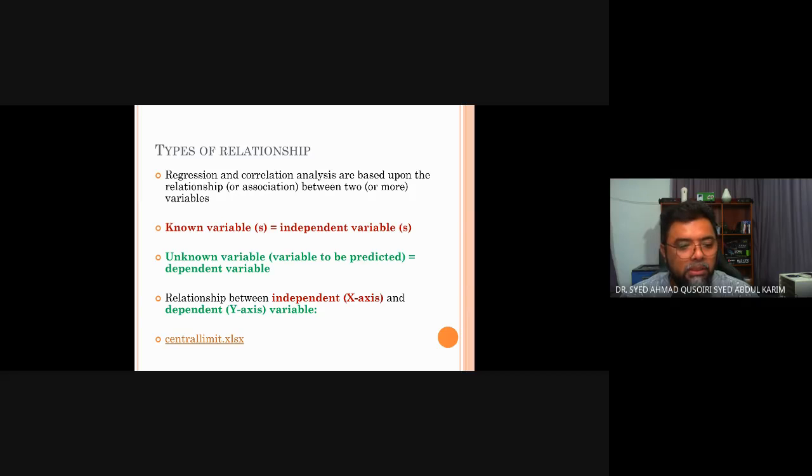So between these independent and dependent variables, there will be some sort of association. There might be association, there might not be any association. And when there is an association, it might be inverted or not.